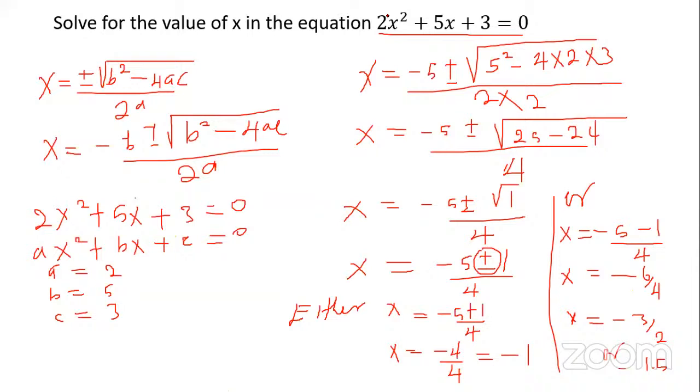Because in the first examples, we only had x squared. We didn't have a coefficient like we have it now. So we want as well to see how we can deal with the quadratic equation that has a coefficient of x which is greater than 1.